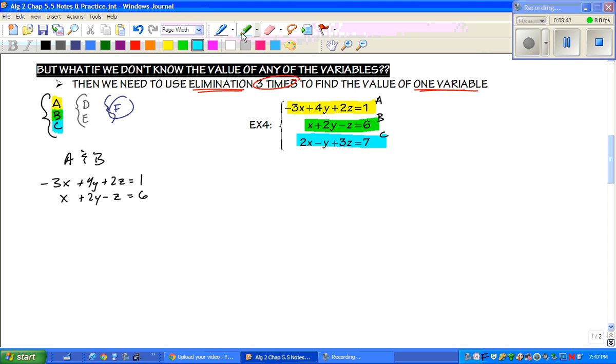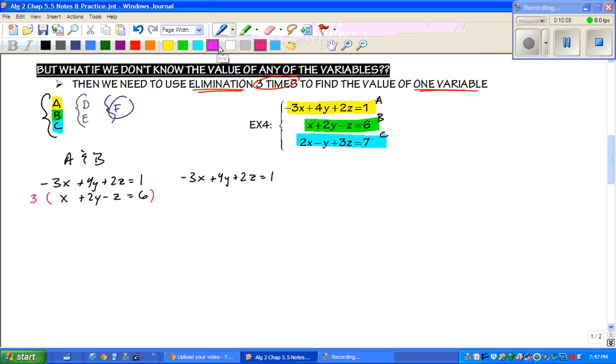Now, what we're going to do every time is cancel out the x's, okay? So, to cancel out the x's, I need to multiply the bottom by 3. The top stays the same because we're not doing anything to it.